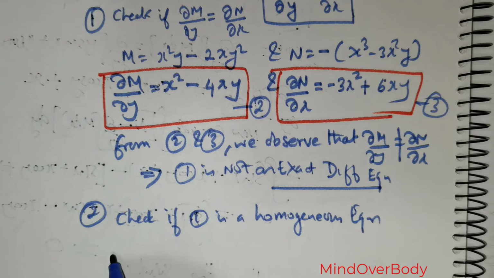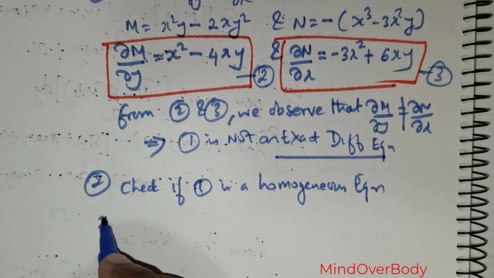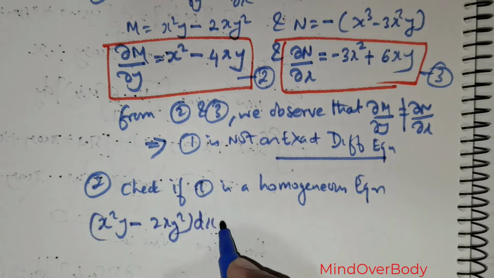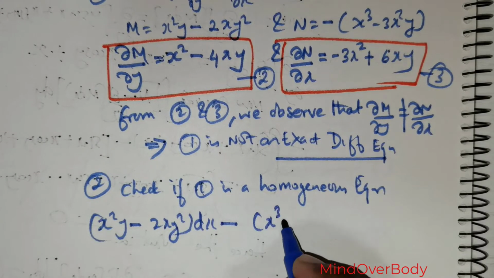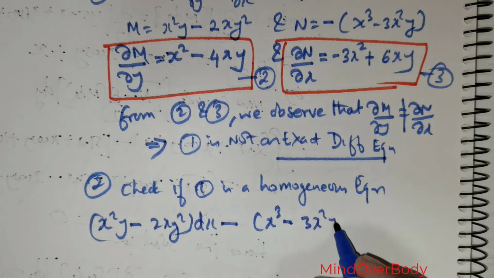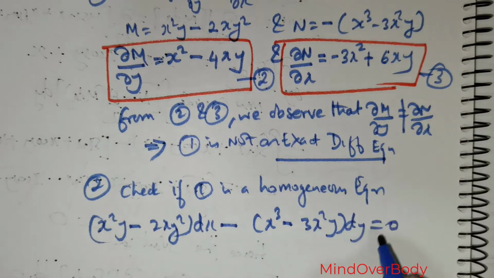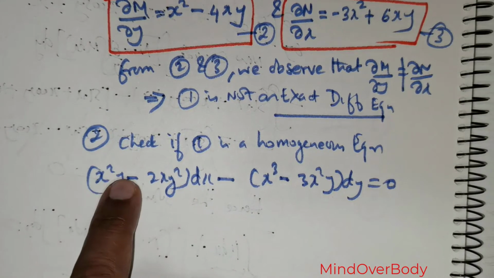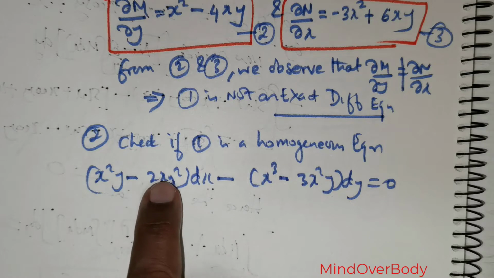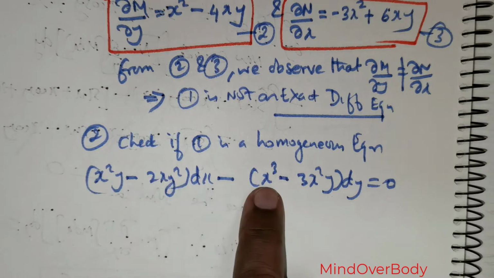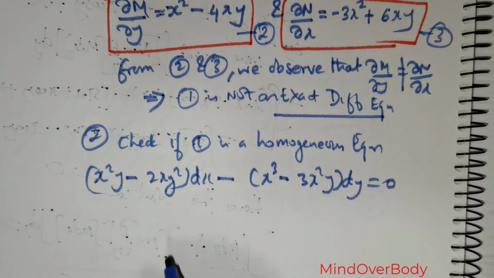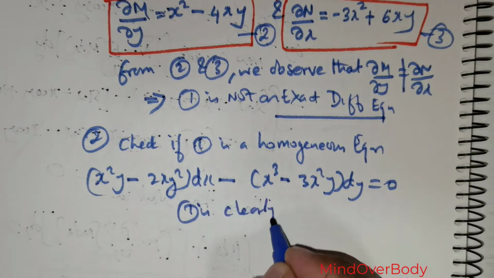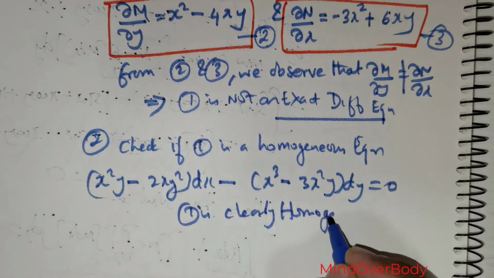We have x squared y minus 2 times x y squared times dx, followed by x cubed minus 3 times x squared y times dy is equal to 0. Just check the powers. The total degree here is 2 plus 1, 3. It's 3 here. x is 1, y is 2, so 3 here. It's 3 and it's 3. So 1 is clearly homogeneous.